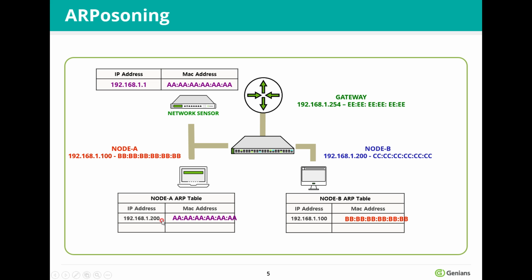When node A attempts to communicate with node B, all packets are passed to the network sensor, and the network sensor that receives the packet drops or rejects it. So node A's PC can't communicate with other network devices.